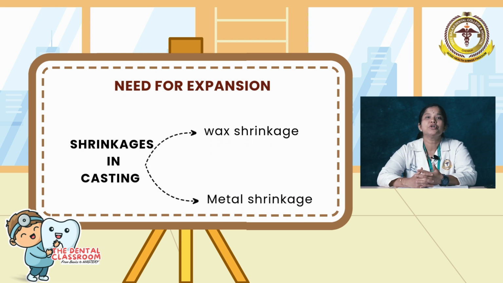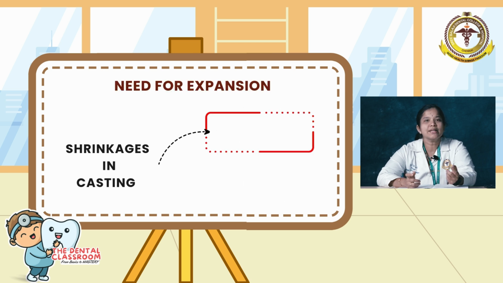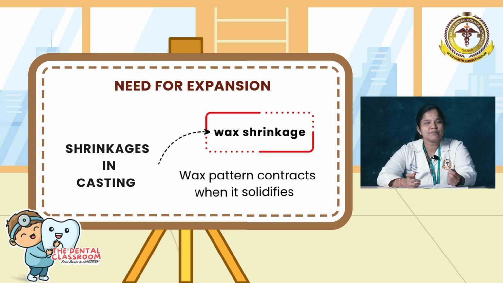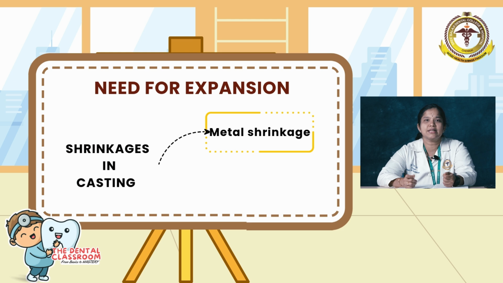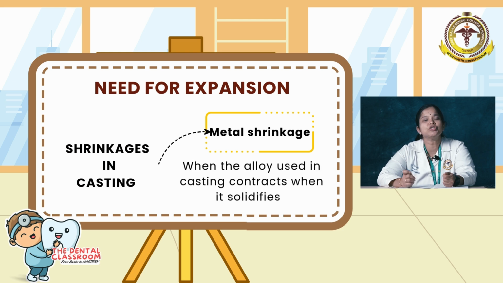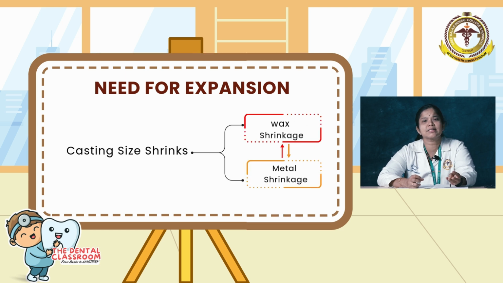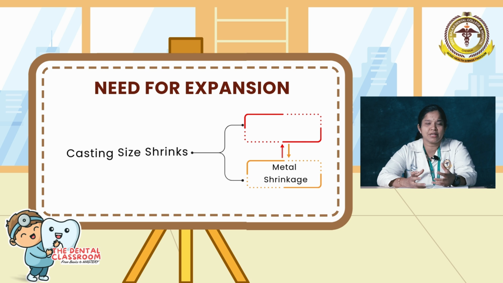This is because during casting, 2 shrinkages will happen. One is the wax shrinkage. The wax pattern which you make, when it solidifies, it contracts. So there happens a wax shrinkage. Another mode of shrinkage is your metal shrinkage. The alloy which you used for casting, once it solidifies, it contracts. So when this wax and the metal shrink, your casting size may shrink.